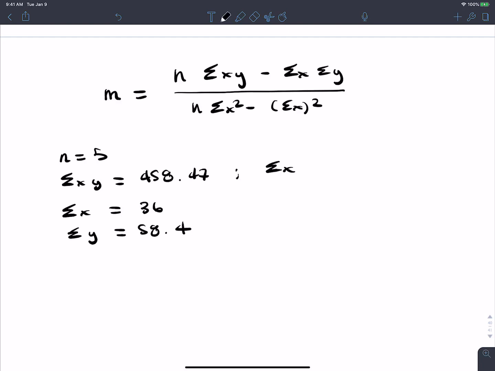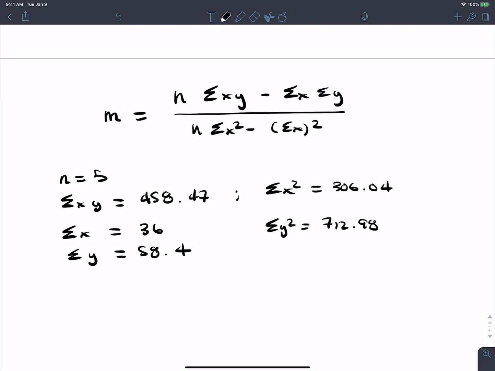Now I need some x squared again. And what's some x squared? 306.04? What's some y squared? 712.98. All right, I think we just need these. Is that right? Okay.